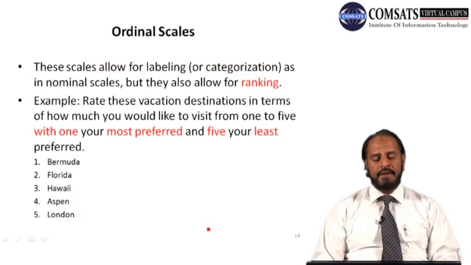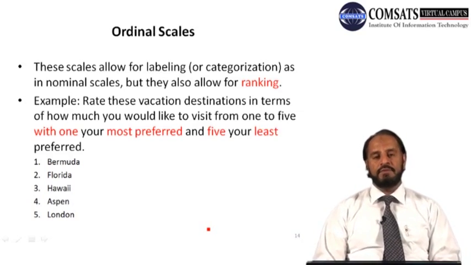Ordinal scales, we said, allow for labeling or categorization as in nominal scales, but they also allow for ranking as well. So in addition to selecting or categorizing the responses, it also allows us to rank them.